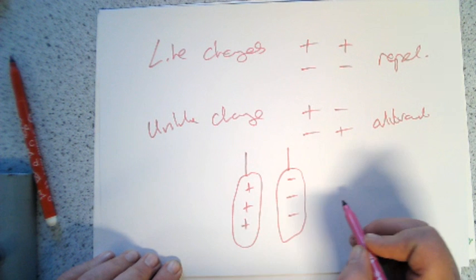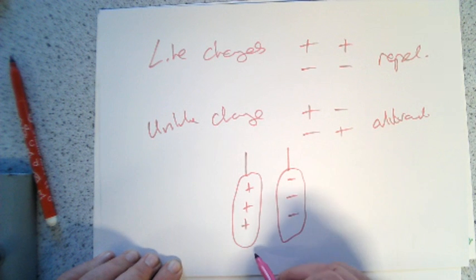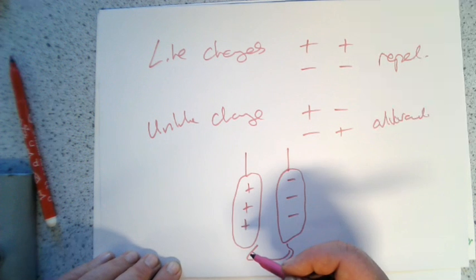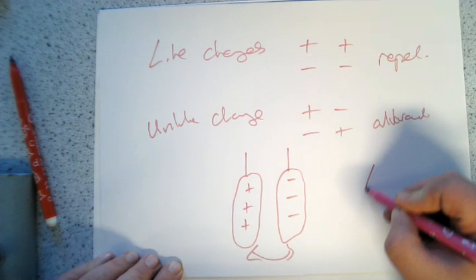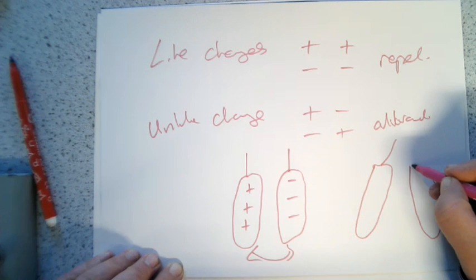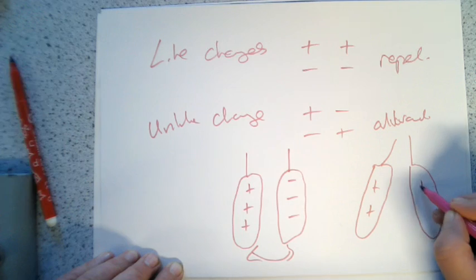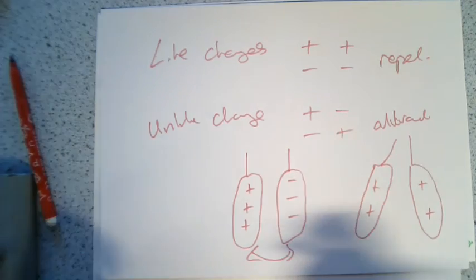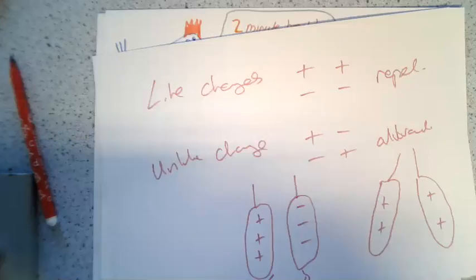Well, because they're opposite charges, or unlike, they will attract each other, they will become close together. If I had two positive rods, they would repel each other and so forth. So again, there's a key thing there, and it's what is an electric field?